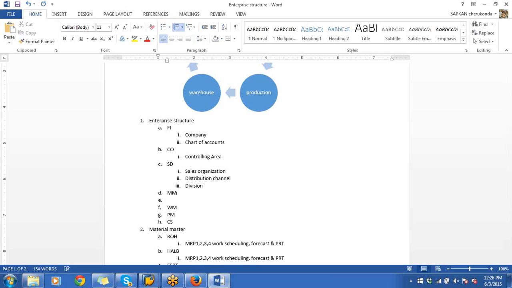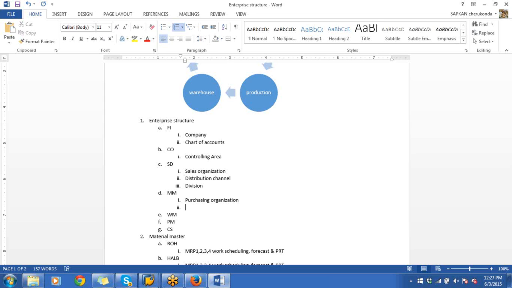Then in material management, you have the purchasing organization. You may have just one central purchasing organization for all your needs within your company, or you may have it decentralized.